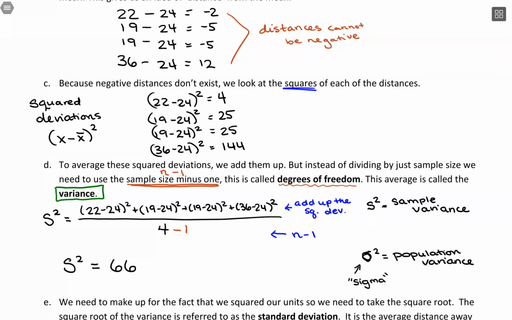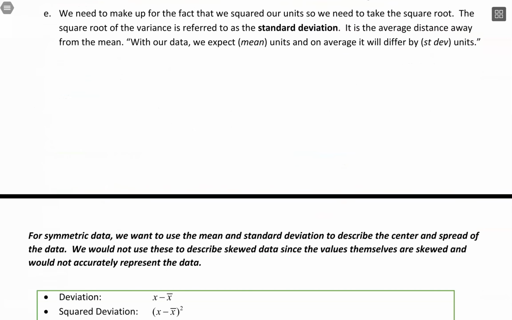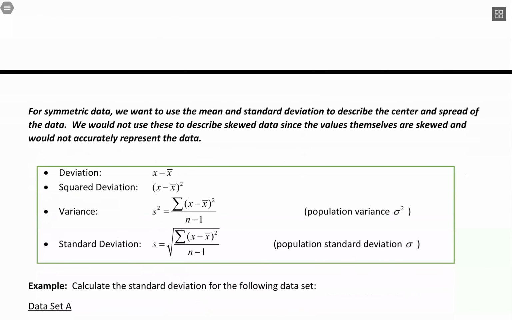So if we jump ahead to the next page a little bit, I wrote down these formulas. So there's our deviation, each data value minus the mean. Then we had to go to squared deviations, which is the data value minus the mean squared. Then here's notation for variance, and I use the sample variance notation there, but there's our population variance.